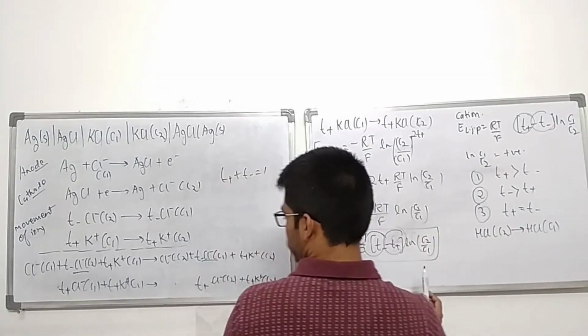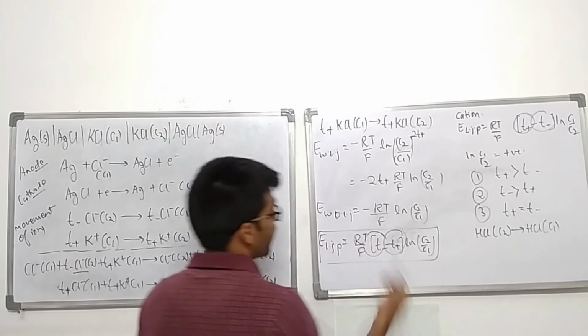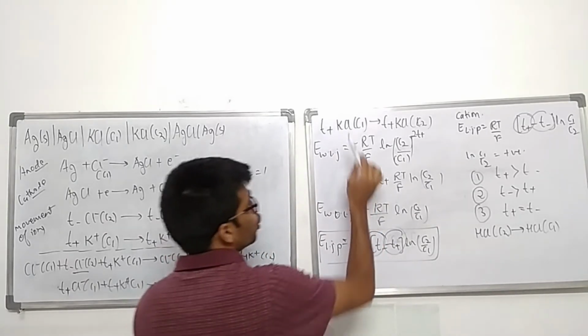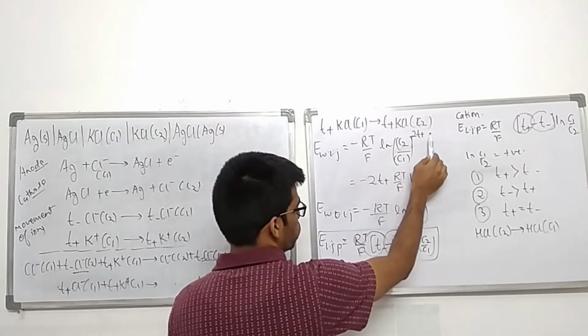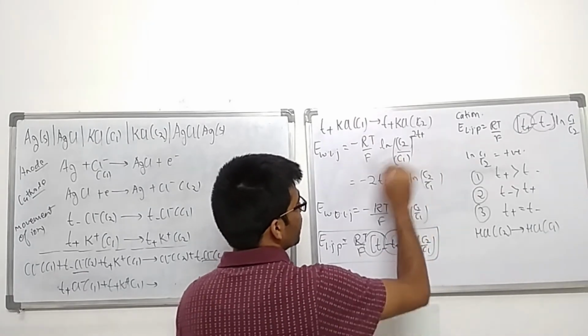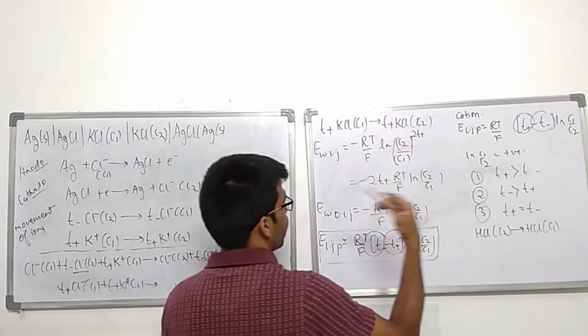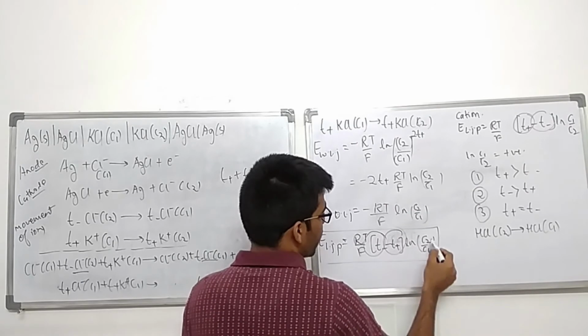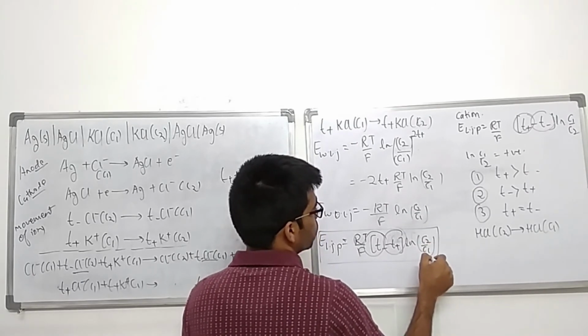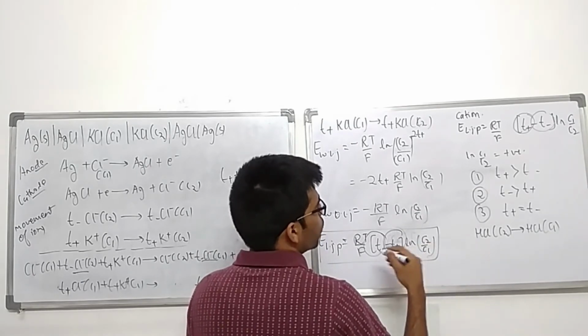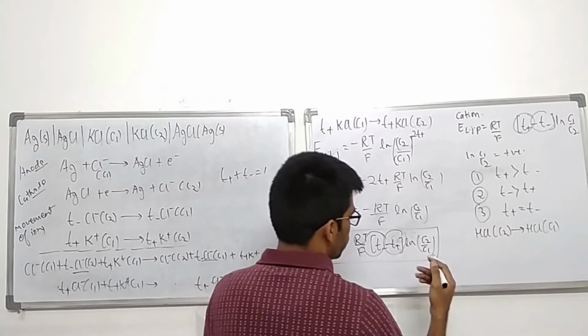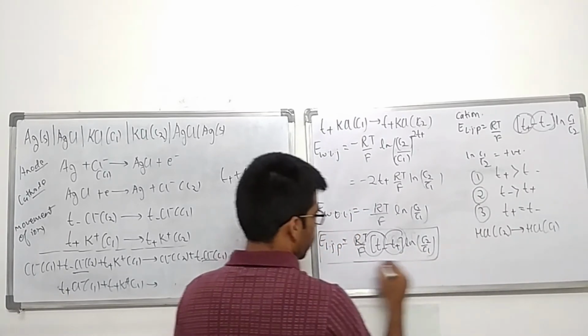Now in case of the anion, though it is C1 to C2, in this case we are taking the transference of the anion, so I will get C2 by C1. Okay, so this is one thing to be remembered.